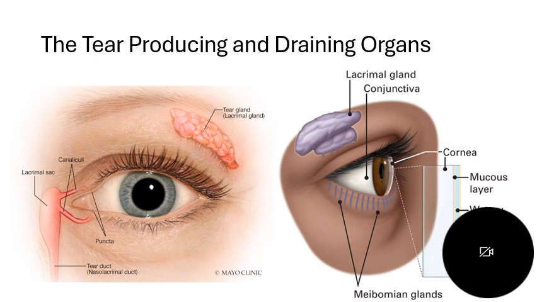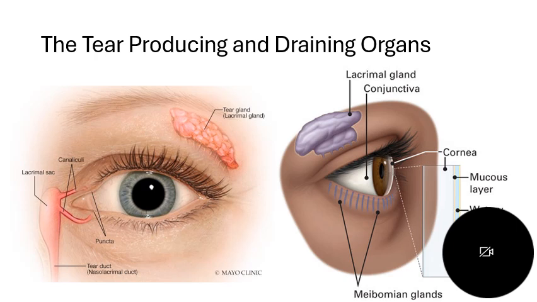These tears and mucus then mix with oils that are made by the meibomian glands. The meibomian glands are pores that are in our upper and lower eyelid next to the eyelashes, and just like the pores in our skin produce oils, the meibomian glands also produce oils.